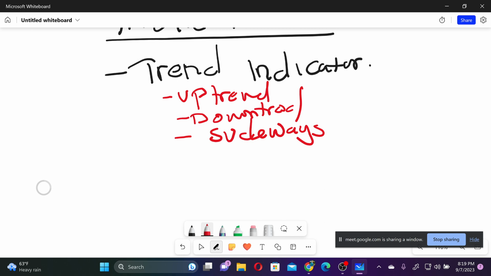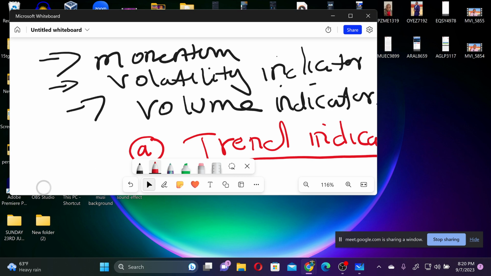So what I'm going to do here is go to the chart and open one of the trend indicators. Before we go to the chart, these are the indicators I will be explaining here.